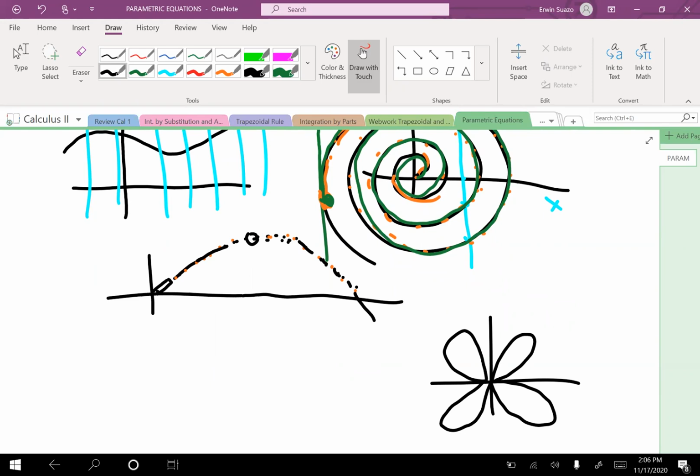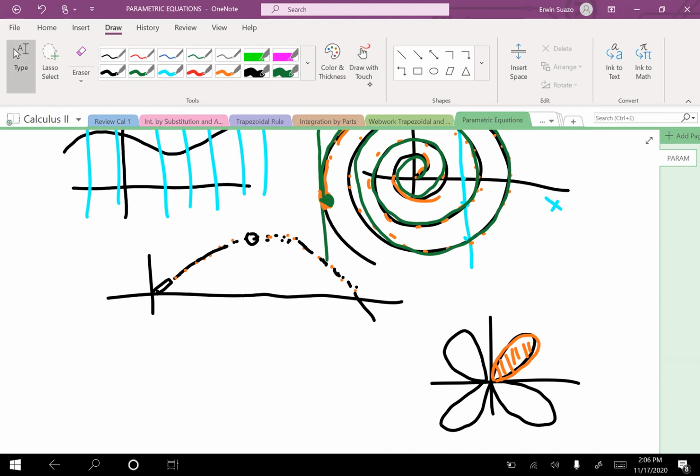So the particle is moving from here to here. Let's say you want to find the area of that part. So how can we use our knowledge of calculus to extend it to these graphs that don't look like a function, but do describe real life?